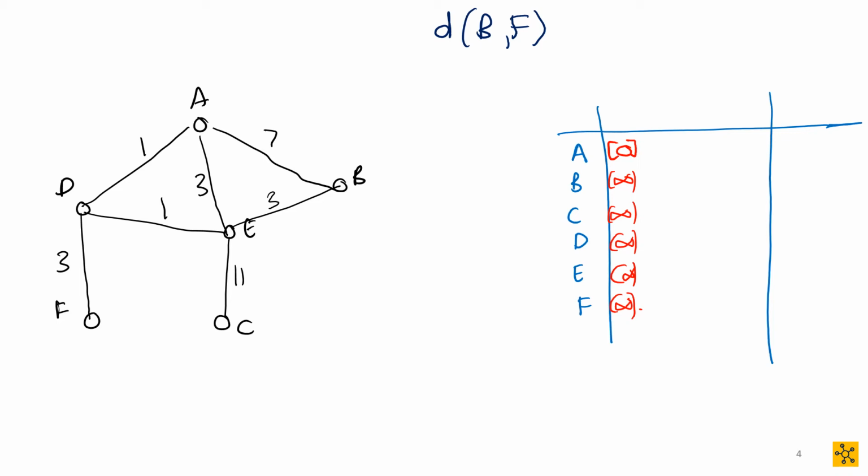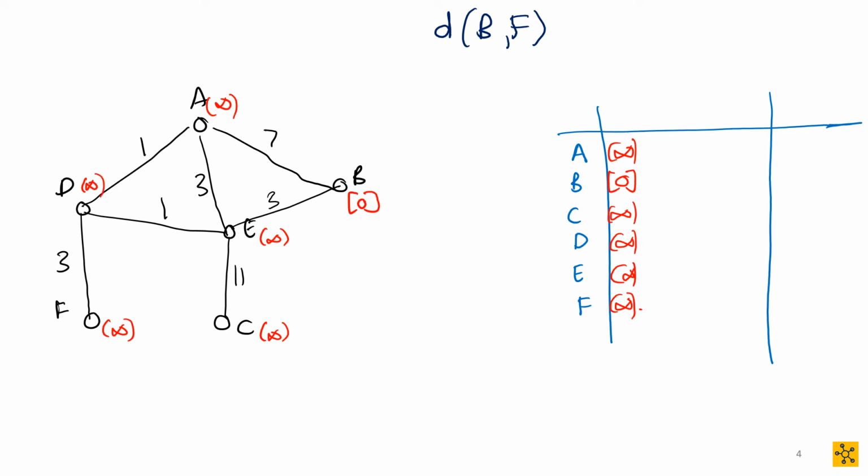I'm starting at B, so my A isn't 0, my B is 0. So that is our potential of 0. Everything else is infinity. Okay, let's just do that. All the infinities are there.